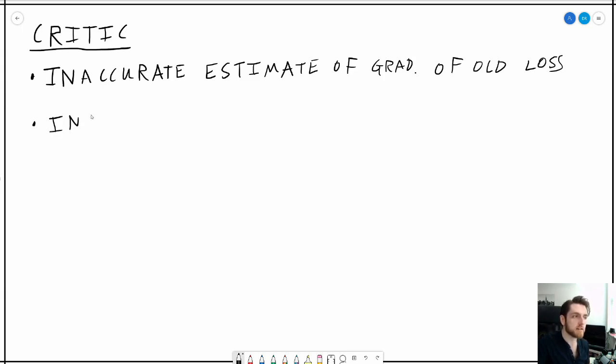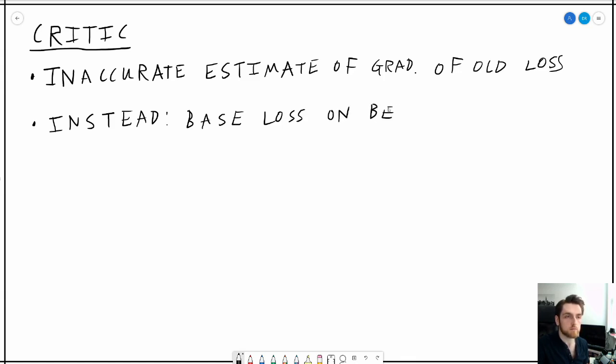So what we do instead is look at a new loss function based on the Bellman equation. And this is simply given by the mean squared difference between the right and left side of the Bellman equation that we looked at in the first lecture, relating the value of the state to the value of the next state.